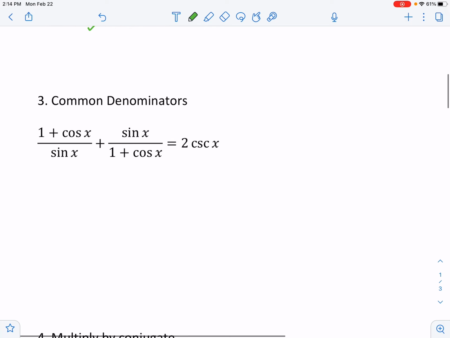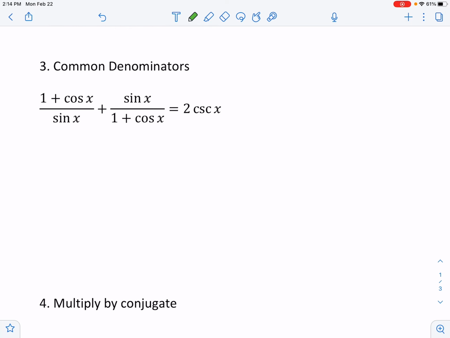Common denominators. I'm going to try and combine these two fractions. I have to have common denominators. So I'm going to take this one and multiply by the other denominator, which is 1 plus cosine. And then I'm going to take this fraction and multiply it by sine.